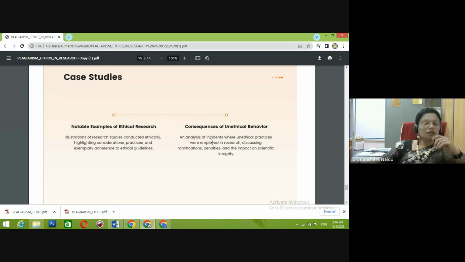Okay. Now, before what exactly notable examples of ethical research are, I'll start with an example. For example, this Ebola virus. There is an outbreak of Ebola virus. Now, all people are dying. But in the neighborhood, I saw that some drug, XYZ drug, was doing better.